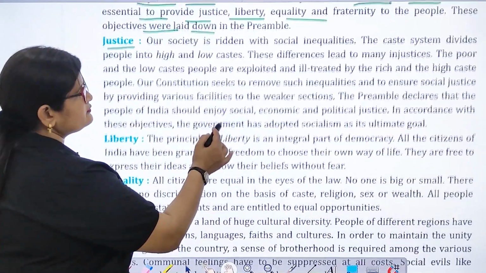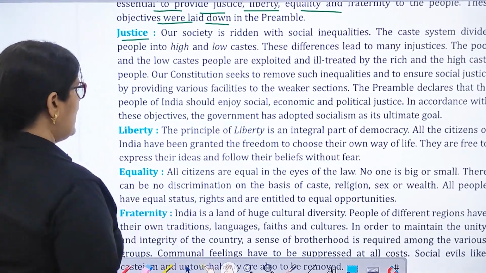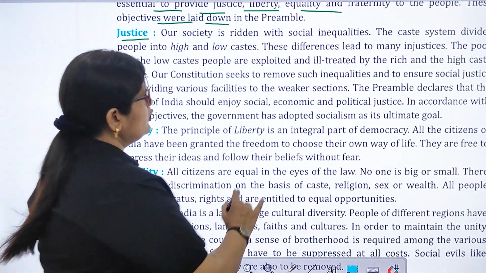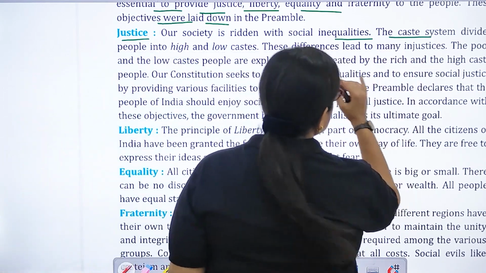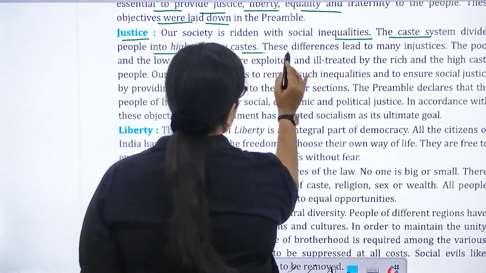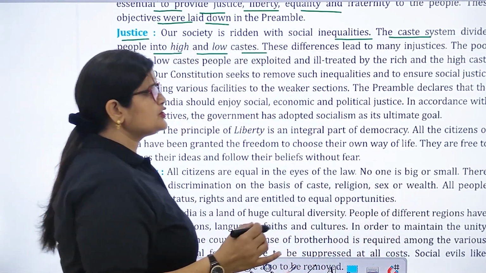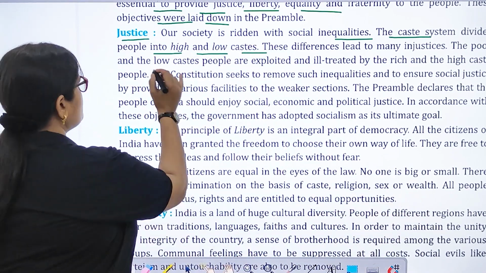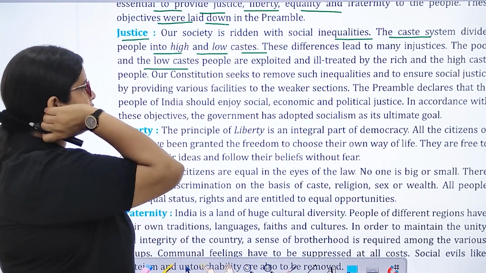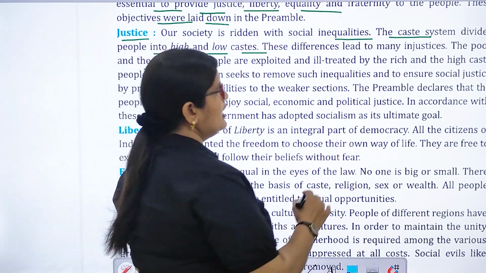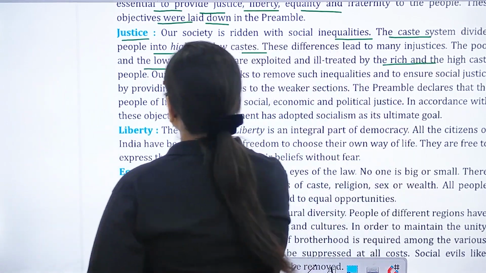Justice. Our society is ridden with social inequalities. The caste system divides people into high and low castes. These differences lead to many injustices. The poor and the low caste people are exploited and ill-treated by the rich and the high caste people.